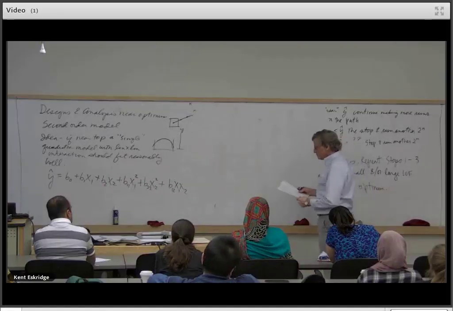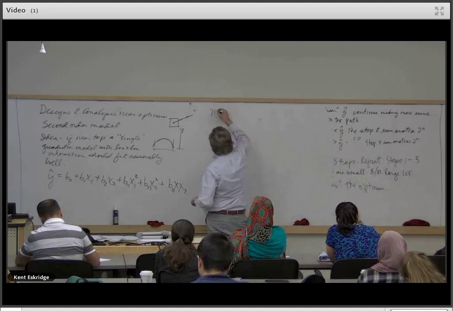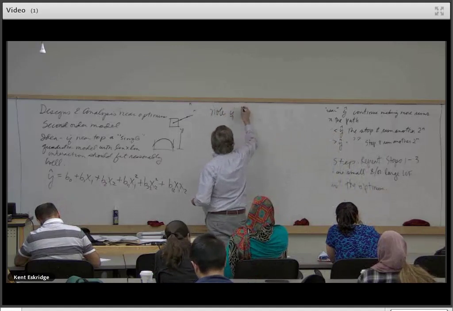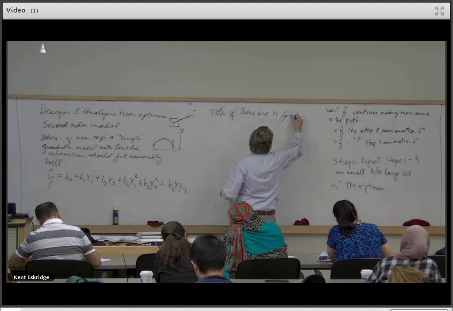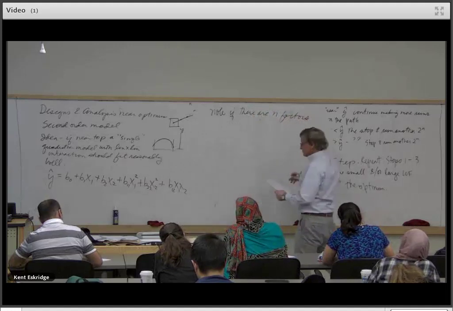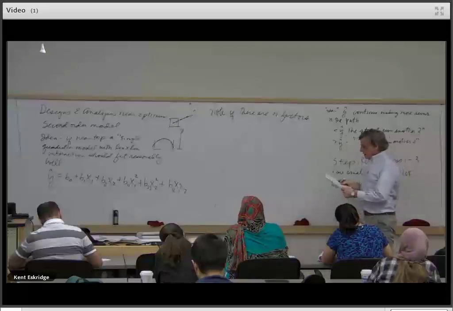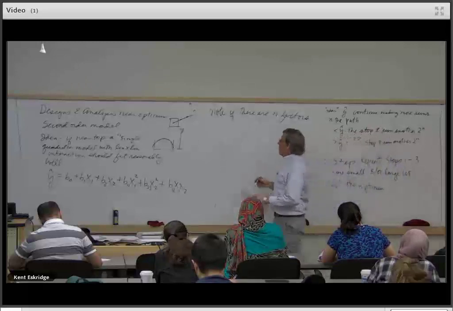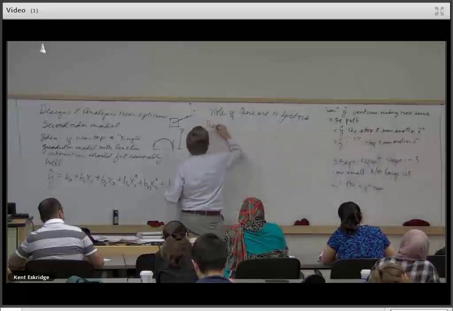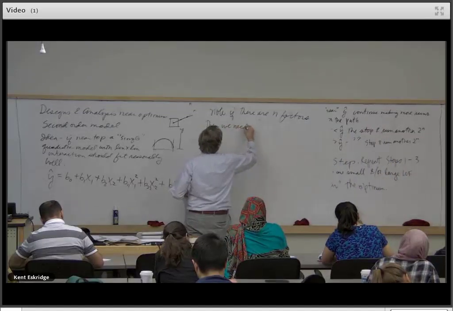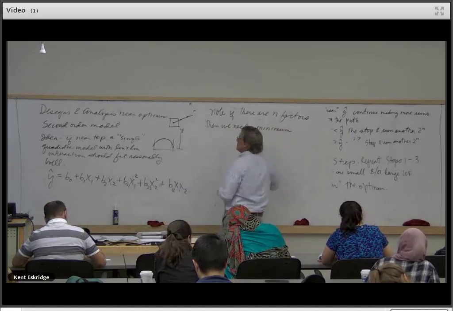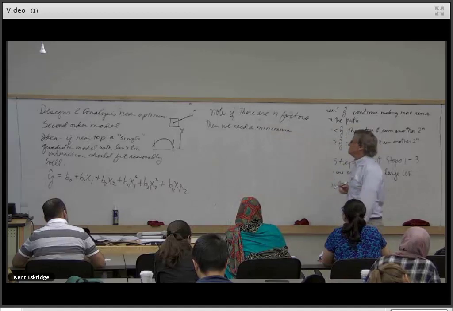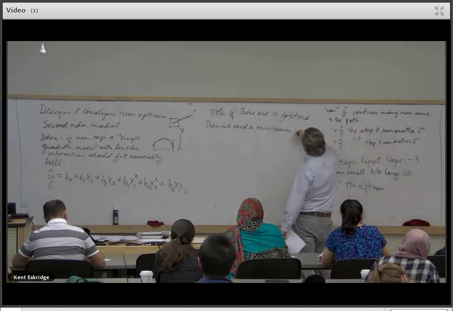Okay? So note, if there are n factors, here I got 2 factors in the example, then we require a minimum number of runs.